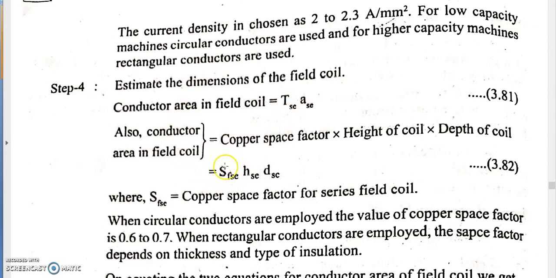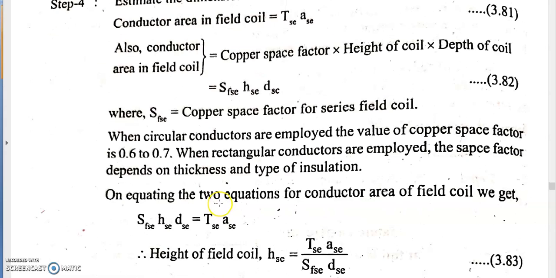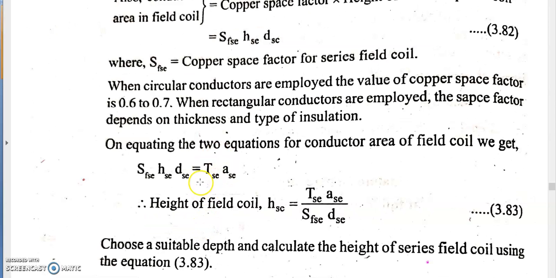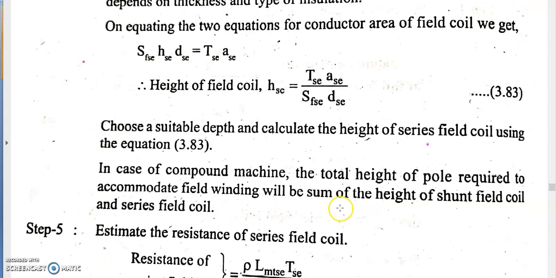Another equation for the conductor area is the dimension, that is height and depth of the field conductor, multiplied by the copper space factor. The copper space factor is given as 0.6 to 0.7. Equating these two equations, the unknown Hsc can be calculated, so the depth of the field winding can be calculated.